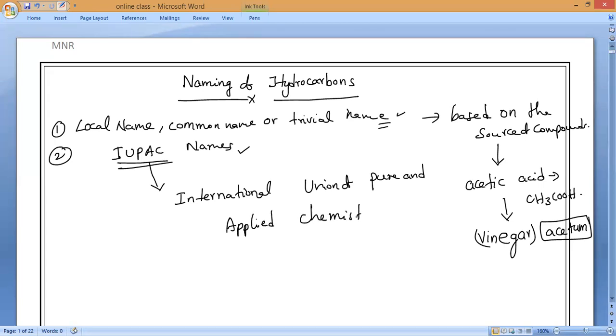It is like the Royal Society of Chemistry, and even in India you can take the Chemical Society of India. The IUPAC is the body which has the right to choose the name for a chemical compound.